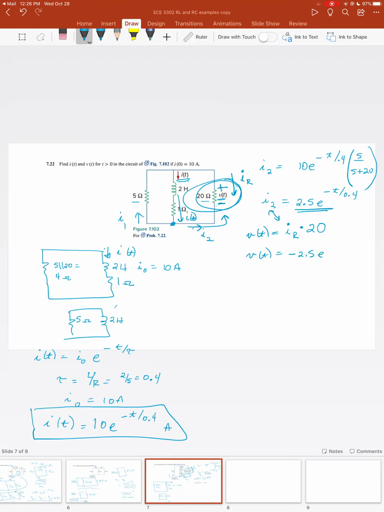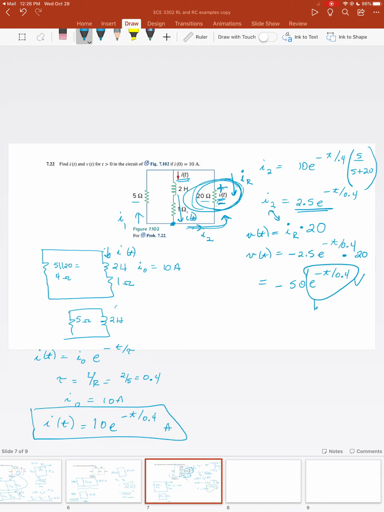So what I'm going to do is plug in a negative 2.5 e to the minus t over 0.4 because it's flowing in the opposite direction of what I solve for based on the definition of the v of t that I'm solving for. And then I need to plug in the resistor value of 20 ohms. So when I do that, I get minus 50 e to the minus t over 0.4 volts, and that's going to be the voltage as defined with this polarity across that 20 ohm resistor.